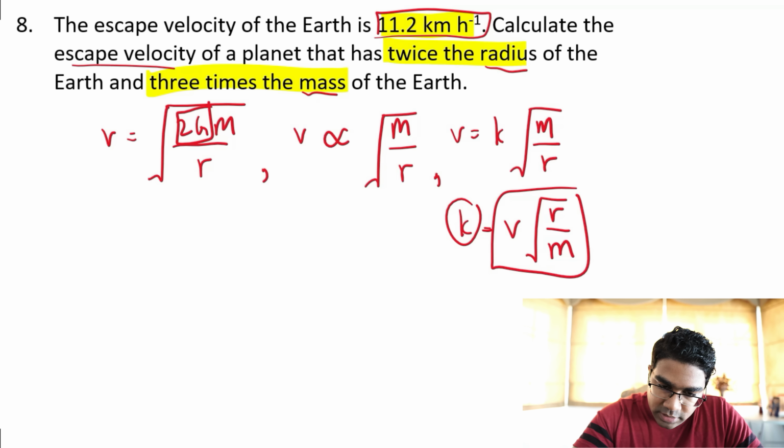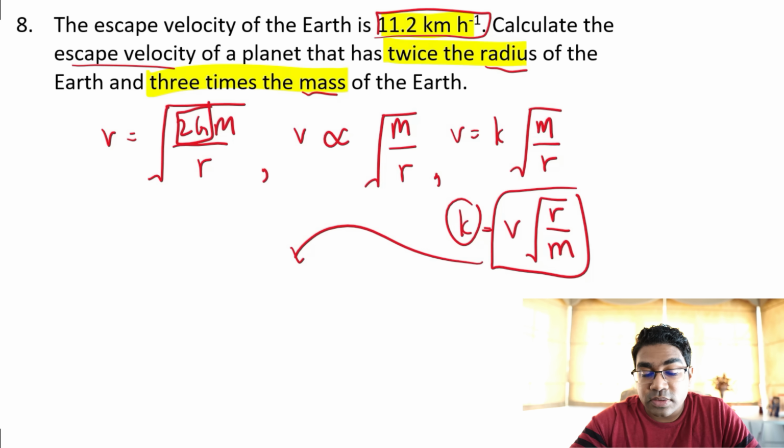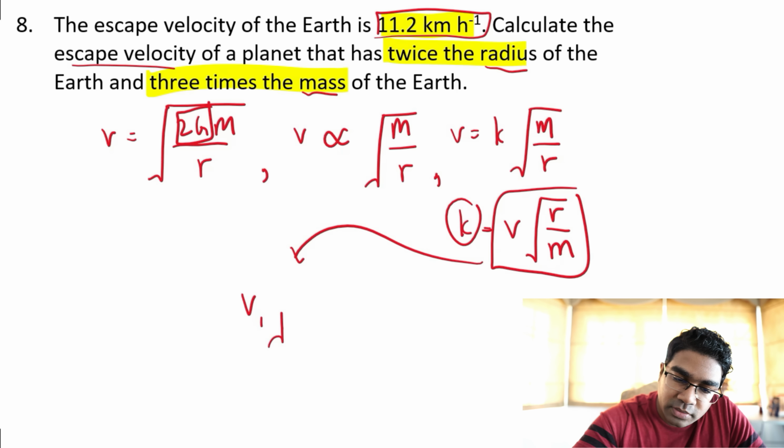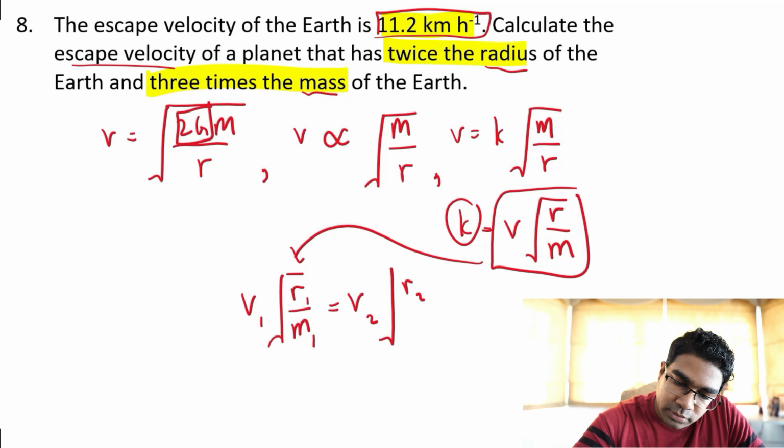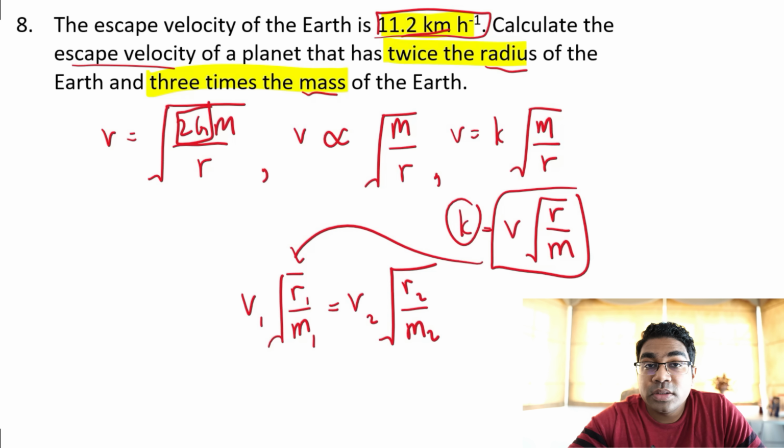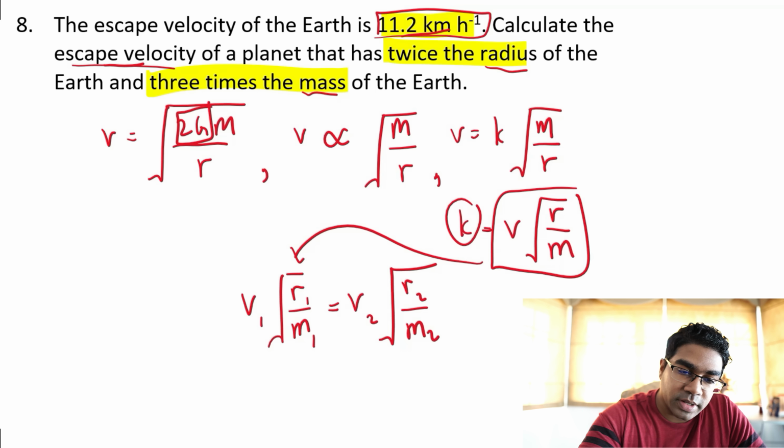We can use this relation as V1 square root R1 over M1 equals to V2 square root R2 over M2. Since we want to find the escape velocity of the new planet, let's take the new planet as 1. So the new planet is 1, and let's put Earth as 2.